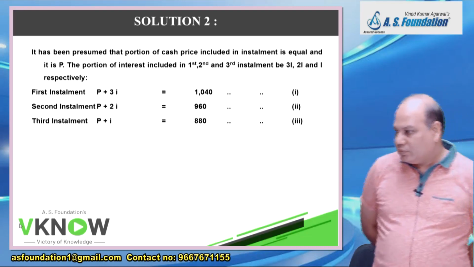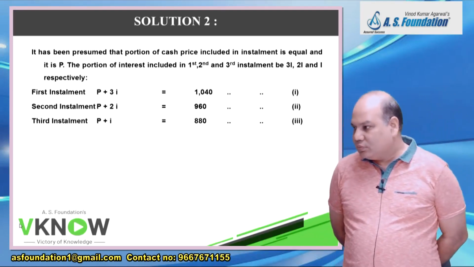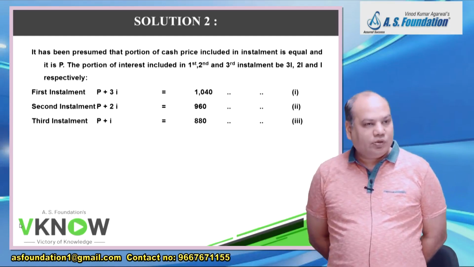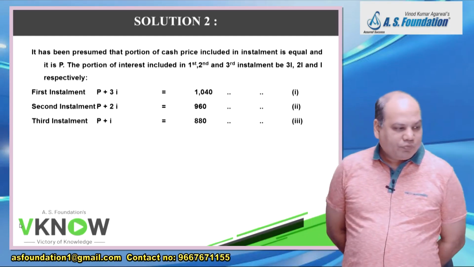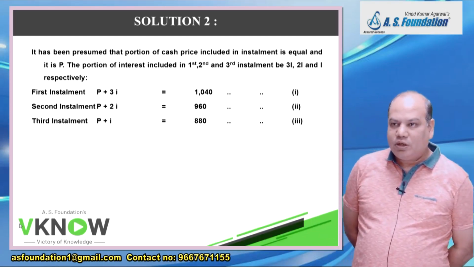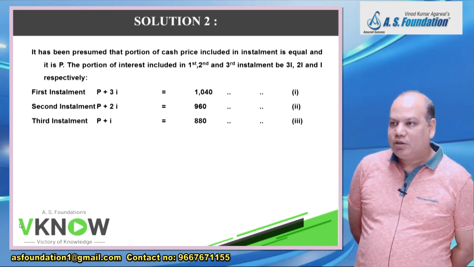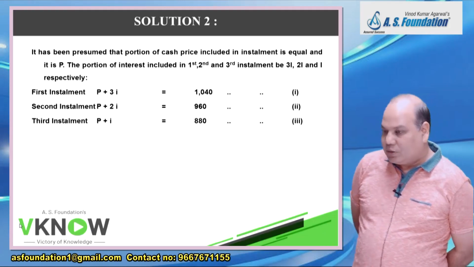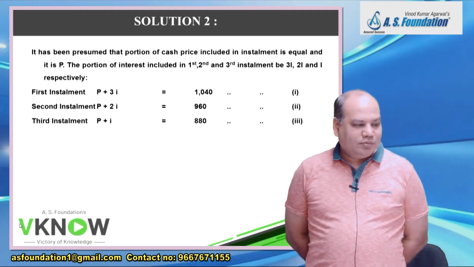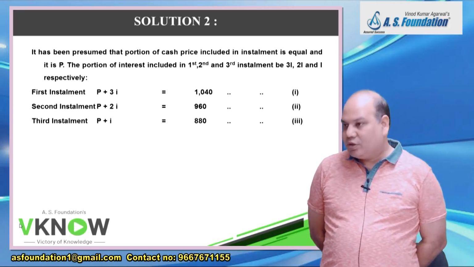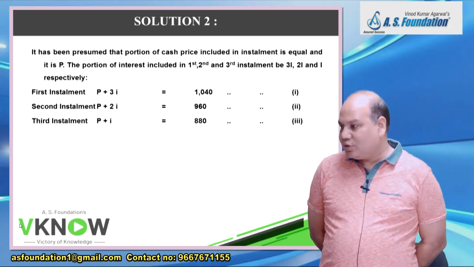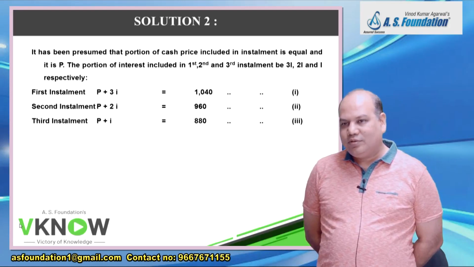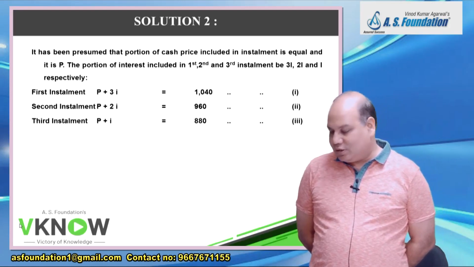First installment: P plus 3I is equal to 1040. Do you agree? P is principal and interest will be 3I, and the total should be 1040. Next line, second installment: P plus 2I is equal to 960. Equation number 2. Third installment: P plus I is equal to 880.